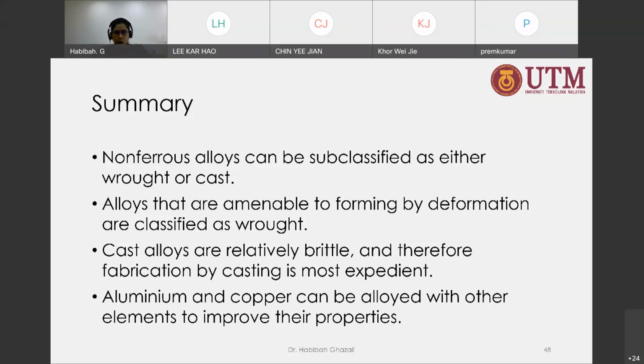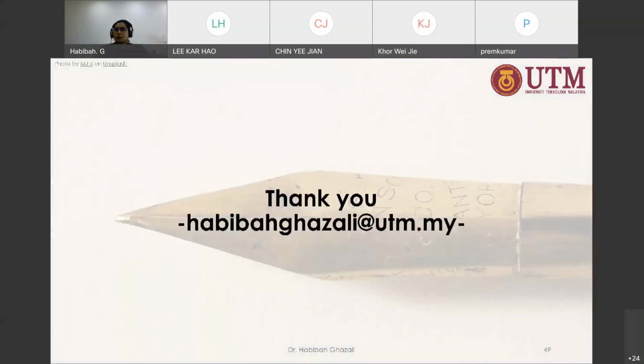Aluminum and copper can also be alloyed with other alloying elements to improve their properties. We will continue our discussion on non-ferrous metal in the next lesson, where I will talk about titanium, nickel, also magnesium, and where we use them.